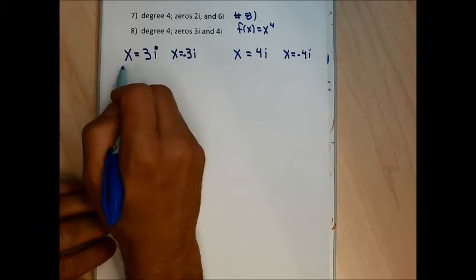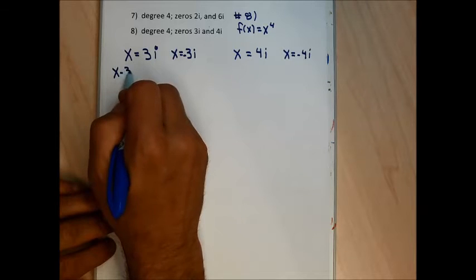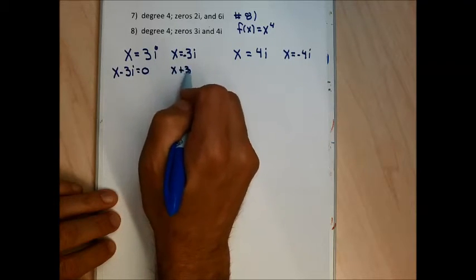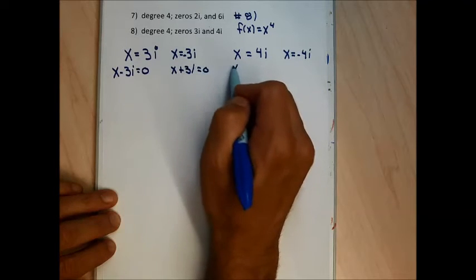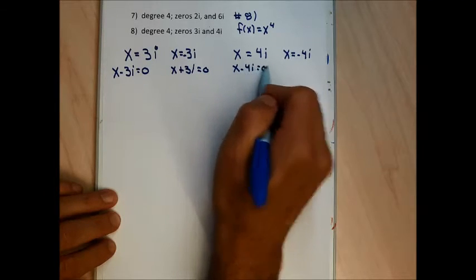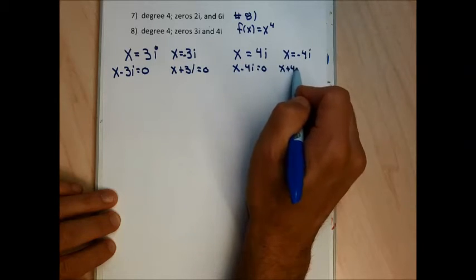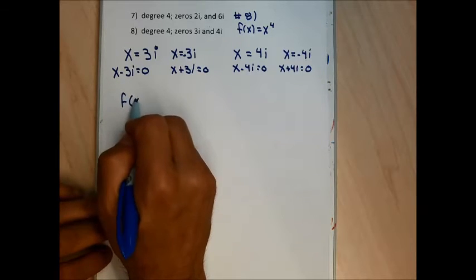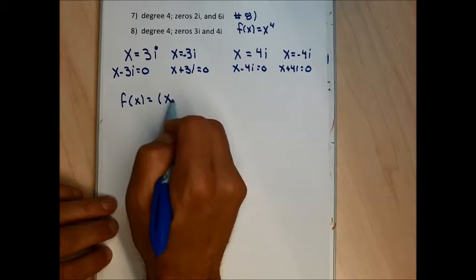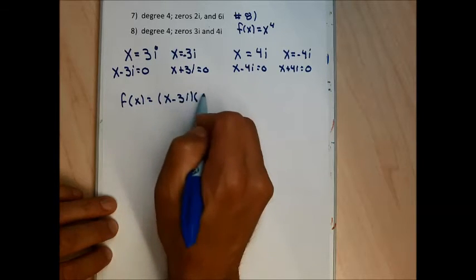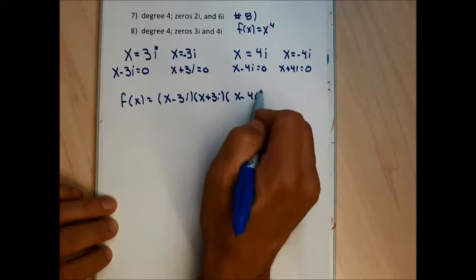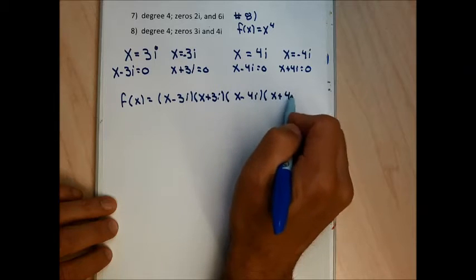I'm going to set each one of these equal to 0 and get x minus 3i equal to 0, x plus 3i equal to 0, x minus 4i equal to 0, and x plus 4i equal to 0, just by doing the algebra. And then my function's going to be the product of x minus 3i times x plus 3i times x minus 4i times x plus 4i.